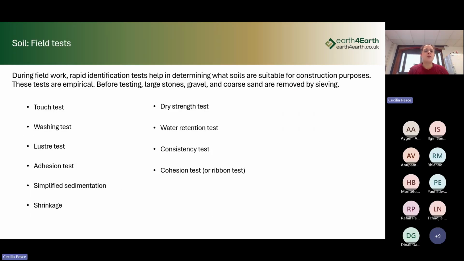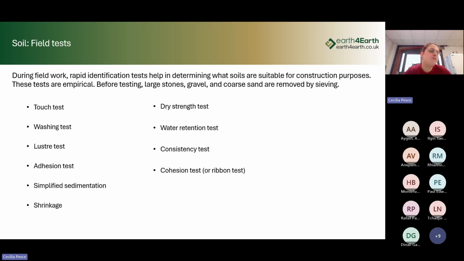Then when we use soil in construction, we want to have a range of field tests available so that when we are on the site, we can choose the soil on site and have a sort of preliminary test. So we have an idea of how this soil will behave.